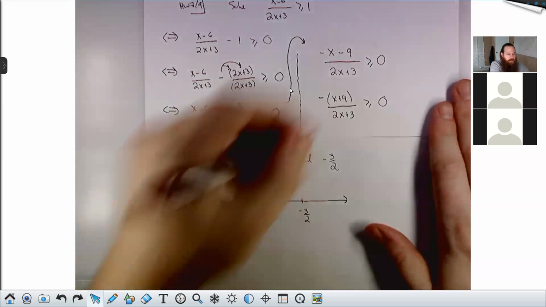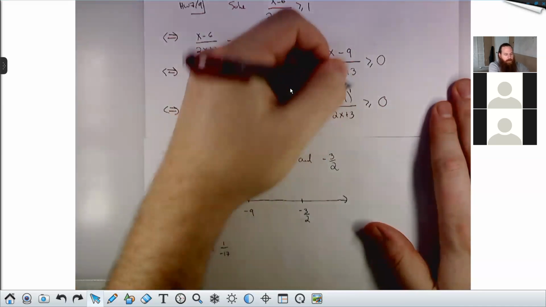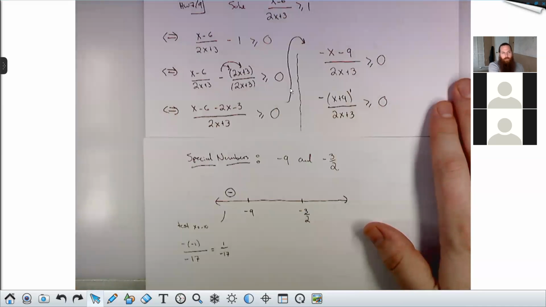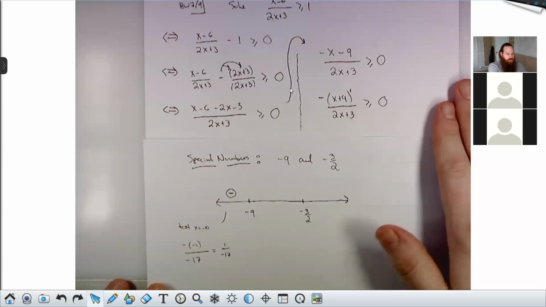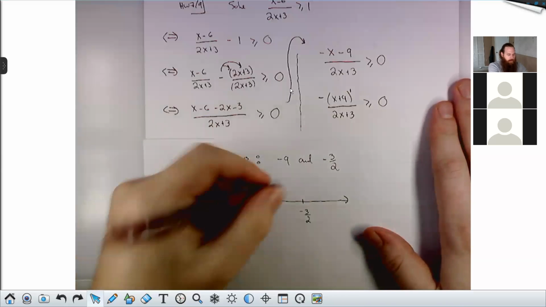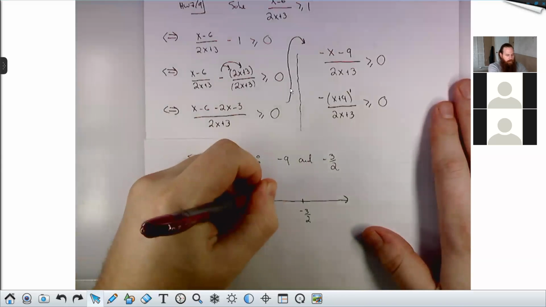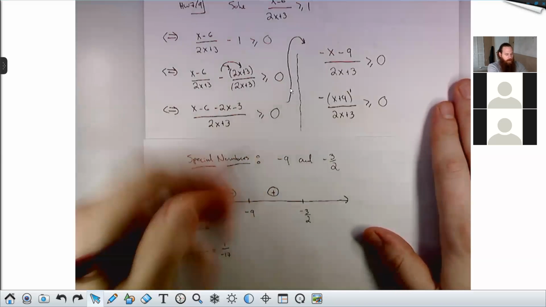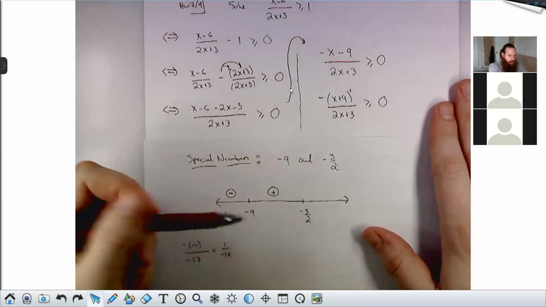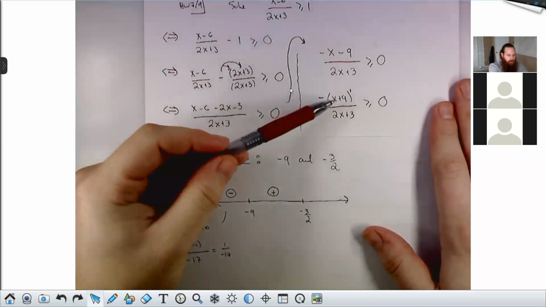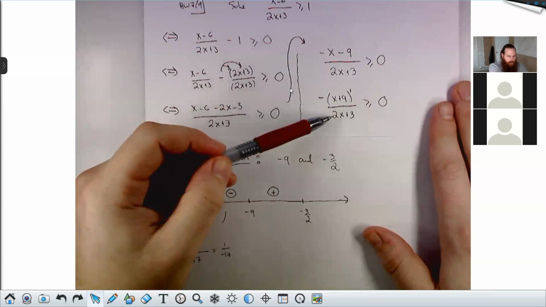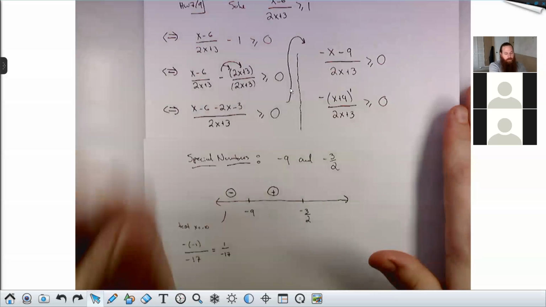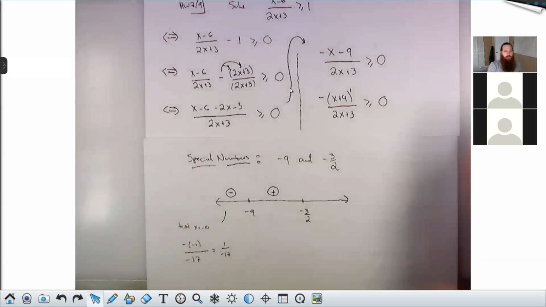Because the -9 came from this factor, which is a multiplicity 1 factor. Since the multiplicity is odd, I know I will change sign as I jump over this. So we're going to go from negative to positive here. Or again, if you test something like -2, upstairs I would have -7. Downstairs I would have -4 plus 3, which is -1, so negative over negative is positive.